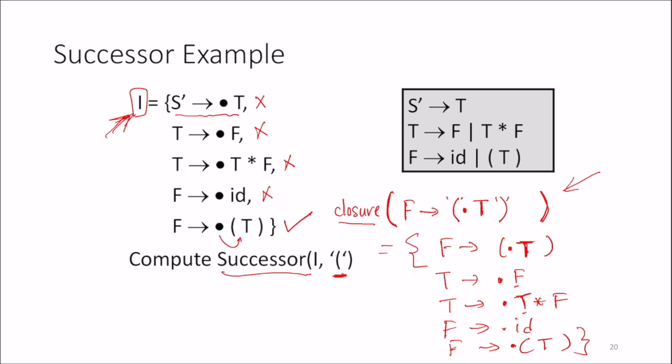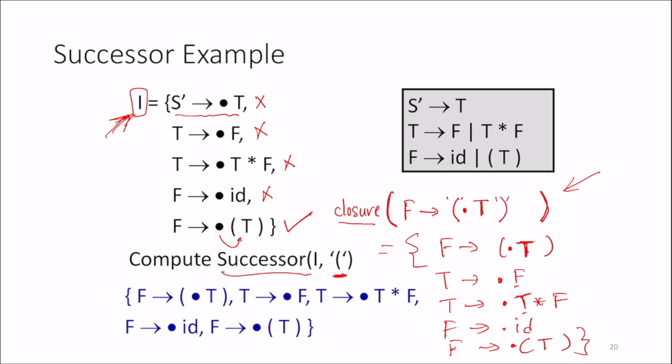So what we end up with is a new set of dotted items. As you can see, F goes to dot T, that's done. T goes to dot F, that's done. T goes to dot T times F, F goes to dot ID, and F goes to dot open parenthesis. So as you can see, the successor function takes a set of dotted rules as input.